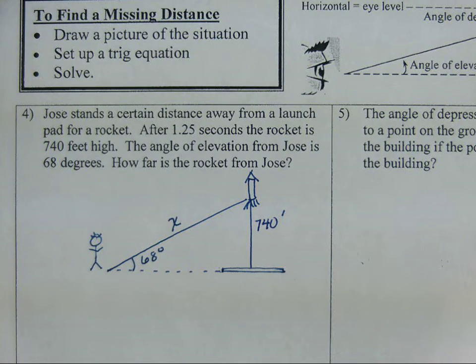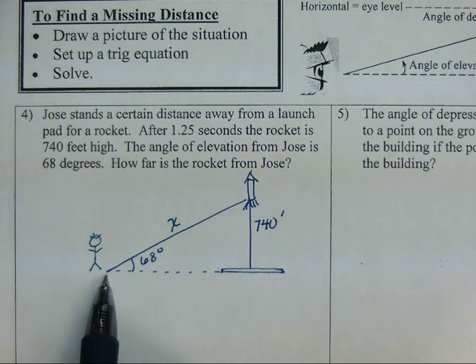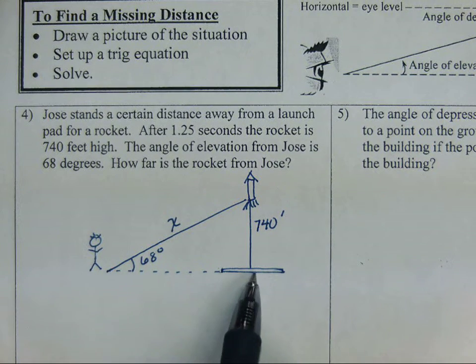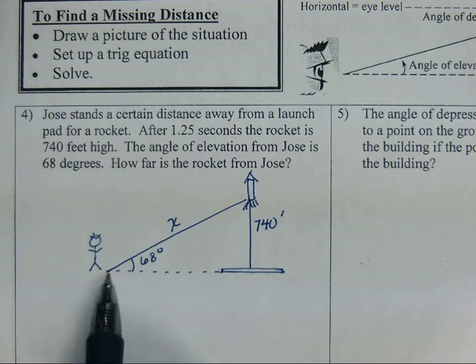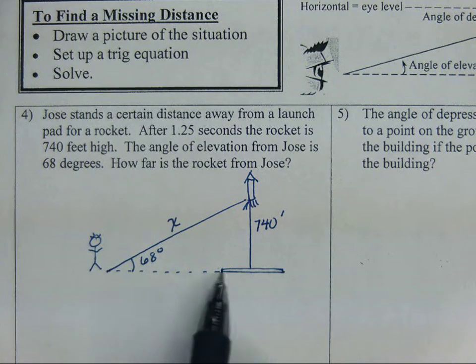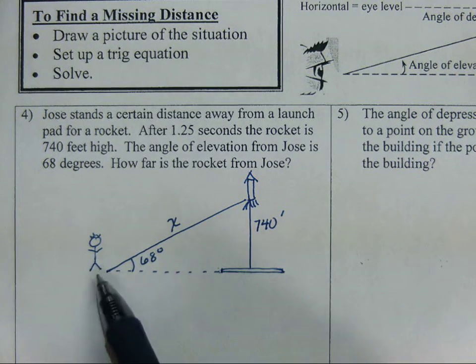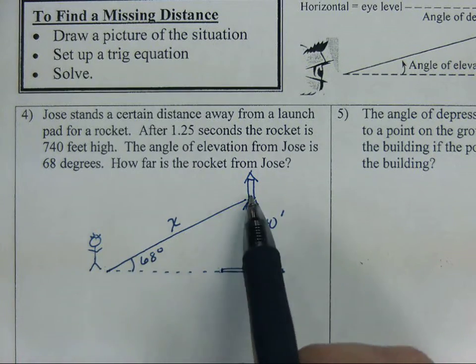And that's going to make sense also as we do some other problems, but let's just make that our standard. That if I want to know the distance from Jose to a certain point on the ground, I will talk about that in terms of the object itself. So Jose from the object is up here.